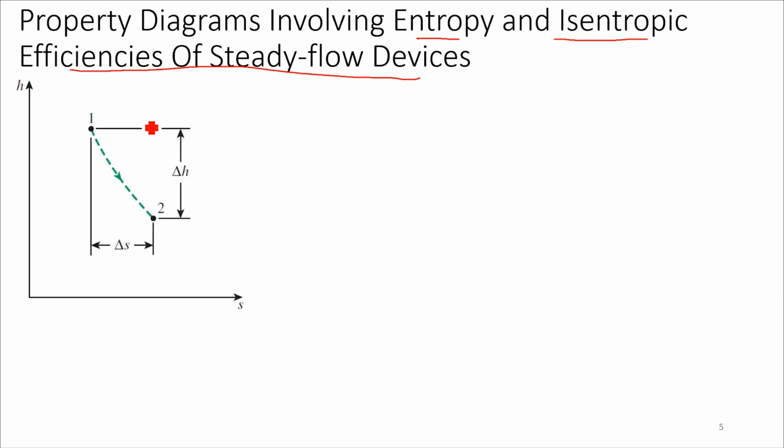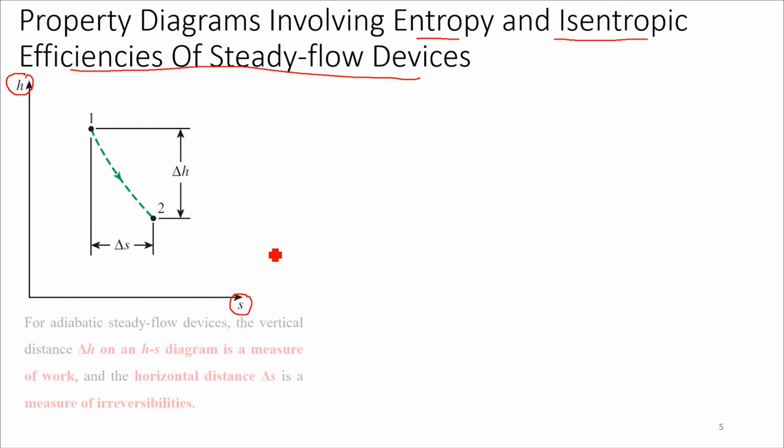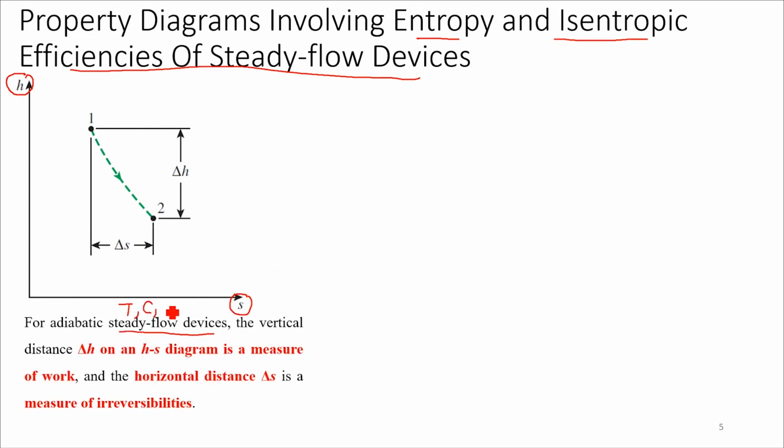Moving on to the property diagrams involving entropy and isentropic efficiencies of steady flow devices. Normally the temperature-entropy diagram you have seen, and enthalpy-entropy diagrams, are used for adiabatic steady flow devices such as turbines, compressors, pumps, fans, nozzles, diffusers. These diagrams are very essential in those cases.